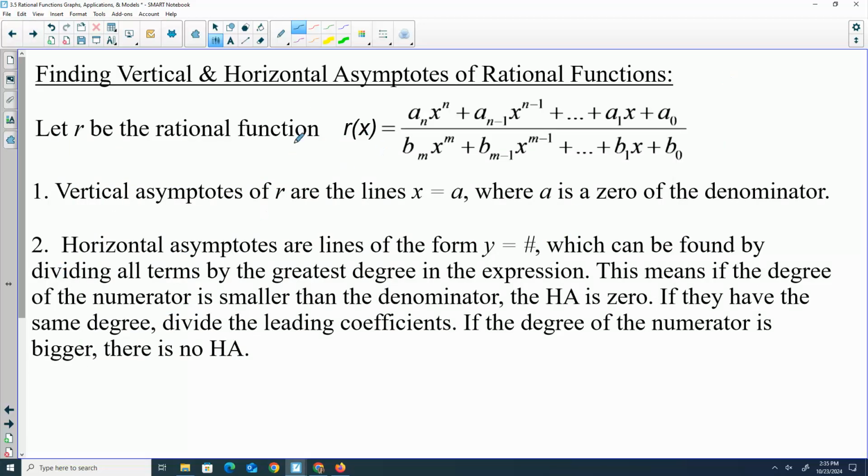So if we have some big rational function, vertical asymptotes are x equals a number for any number that makes the bottom of the fraction 0. Horizontal are going to be y equals a number.